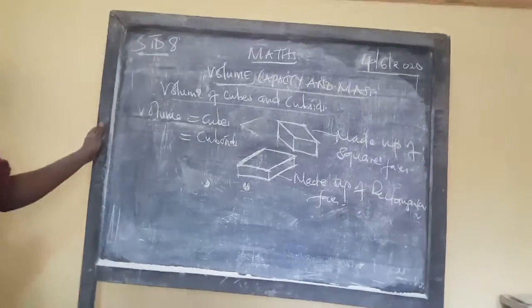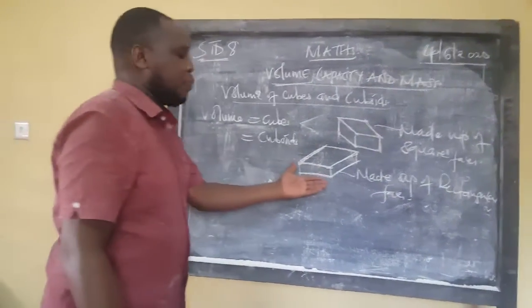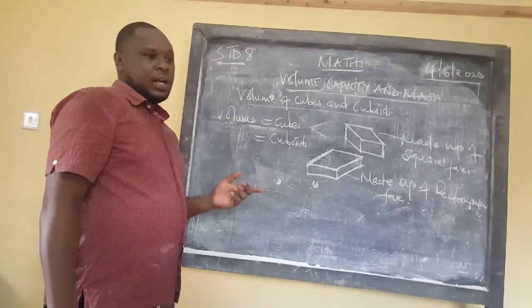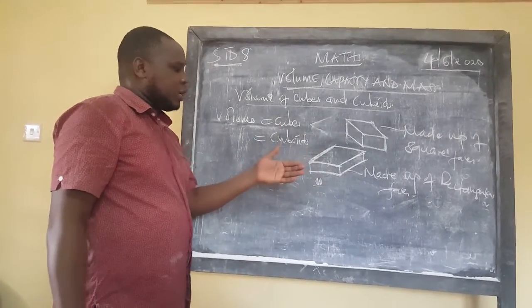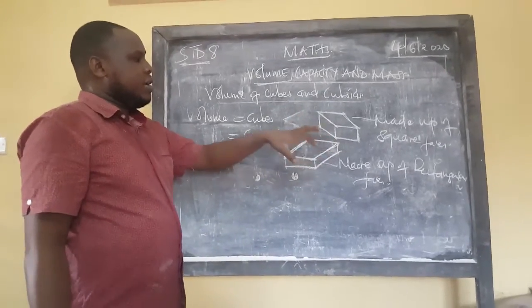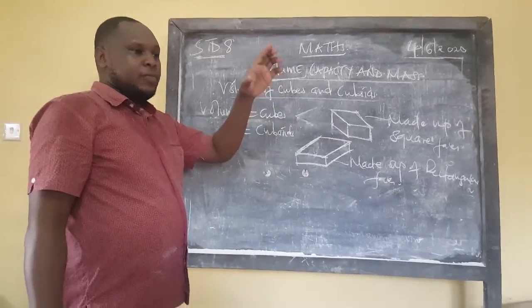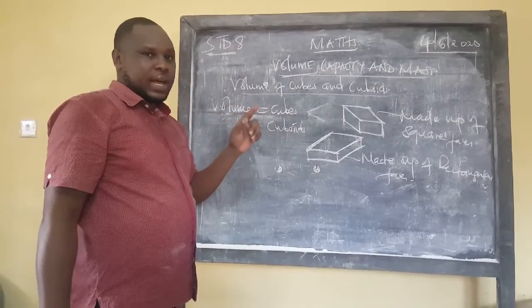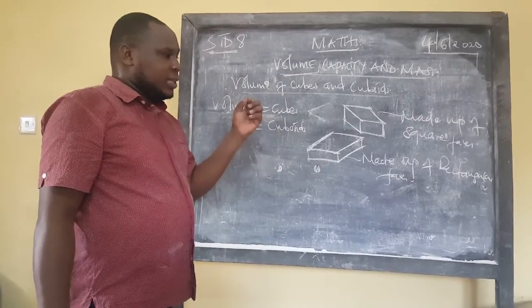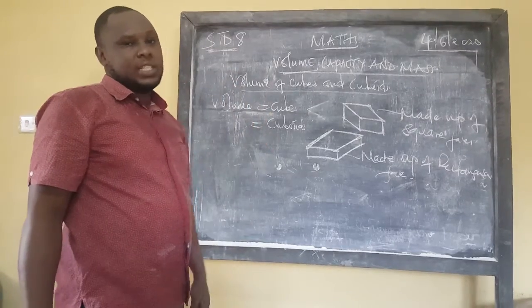That is the difference. If a shape is rectangular, it has a length and a width. When you make a cuboid, you will have a height. If it's a cube, all the sides are equal, and therefore the length, the width, and the height measure the same.